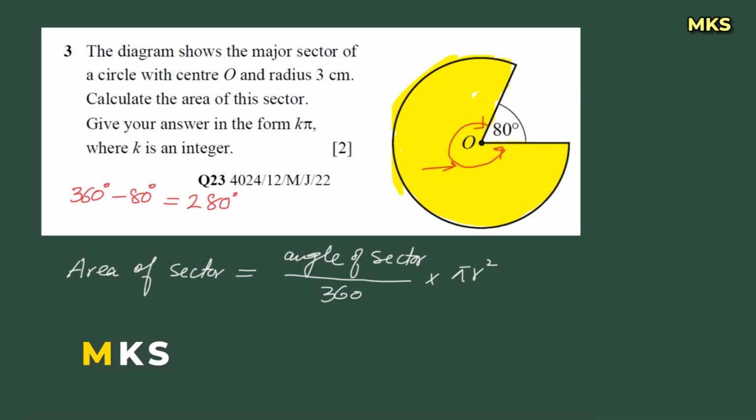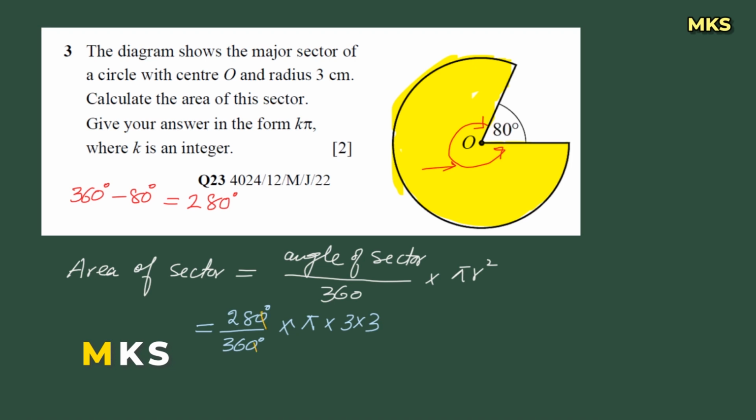Area of sector will be equal to, now since the angle of the sector is 280, 280 divided by 360 multiplied by pi, we have to keep pi as it is, and r is 3. So 3 square, 3 times 3, which is 9. Now we can simplify the numbers.